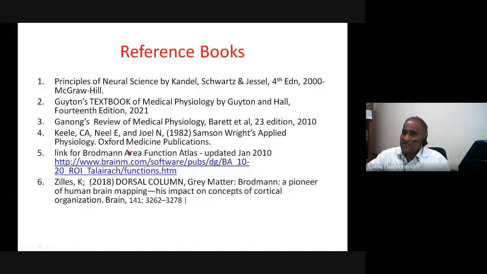The links appeared in January 2010. This is the link, and also the paper by Gillis in Brain and many other data. I have put together much literature to give you the broad outline of the Brodmann areas.